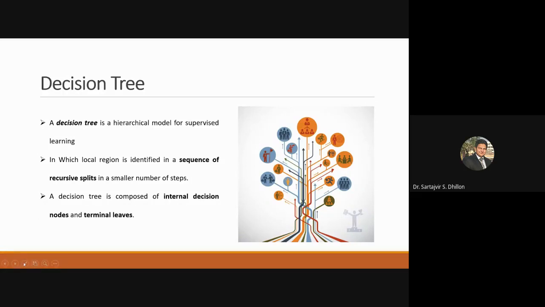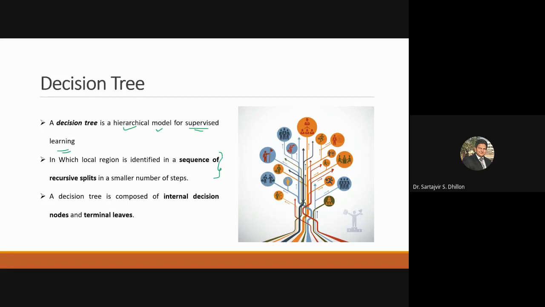And now let us begin with the decision tree. Yes, a decision tree is a hierarchical model, and definitely it's a supervised learner, in which the local region is identified in a sequence of recursive splits in a smaller number of steps.